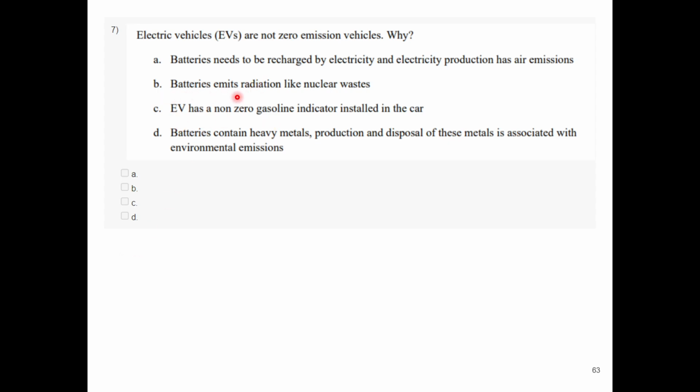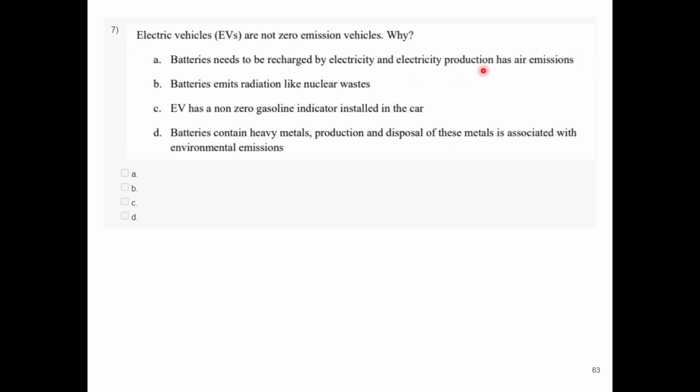So definitely batteries do not emit radiation like nuclear waste. So this is not correct, so B is wrong. And EV does not have a non-zero gasoline indicator installed in the car, so this is also not correct. Batteries need to be recharged by electricity, and electricity production has air emissions.